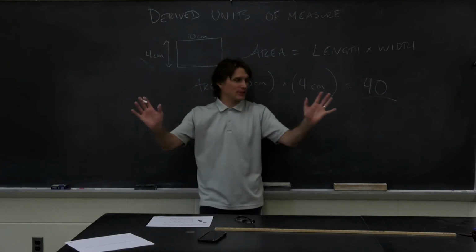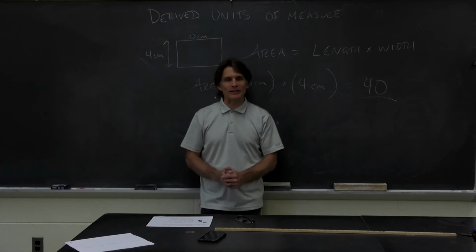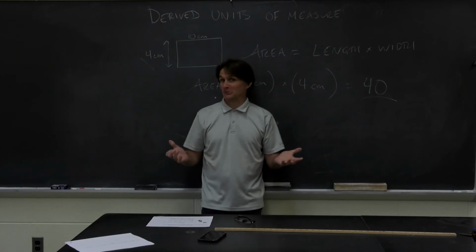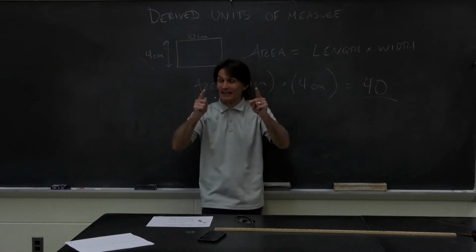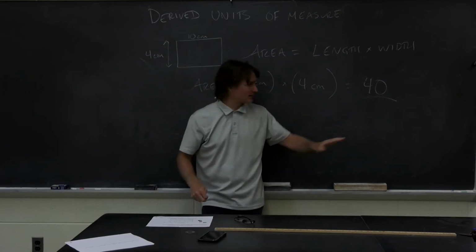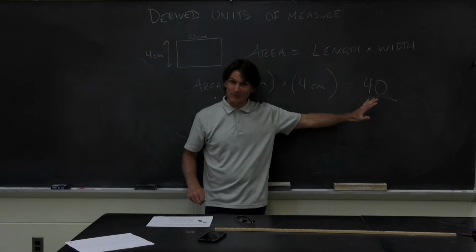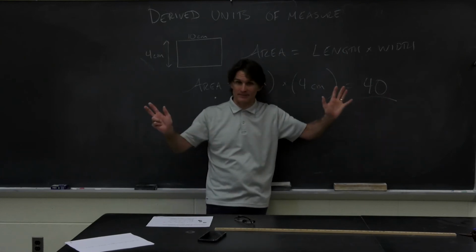Let me give you an example. Let's say after the first test, everybody comes back and I say, the average on the first exam was a 10. Is that good or bad? Most of you will probably freak out because you'll be thinking of the units associated with that 10. See, that's what I'm trying to get to here. Every measurement in science needs some units associated with it, or it means nothing.